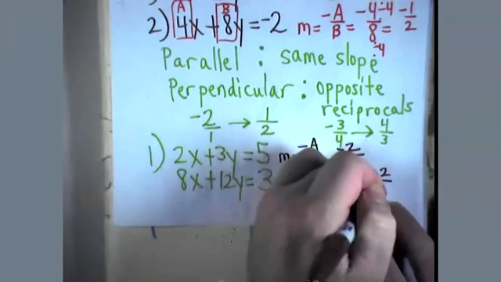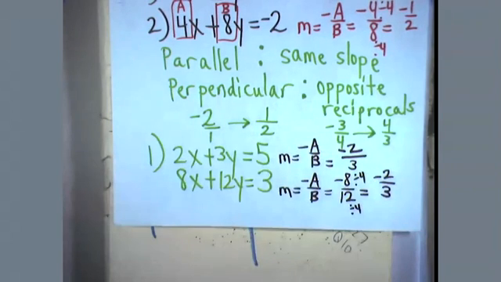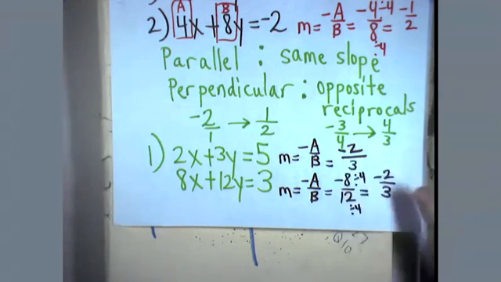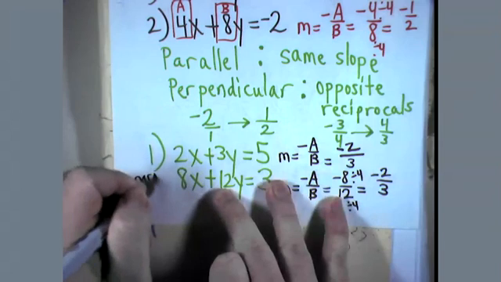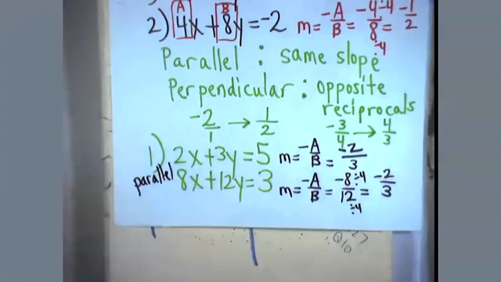So our slope for the second line is negative 2/3. Because we got the same slope, what can you tell about these lines? They're parallel. They are parallel to each other. Again, because we got the same slope, that means the lines are parallel to each other.